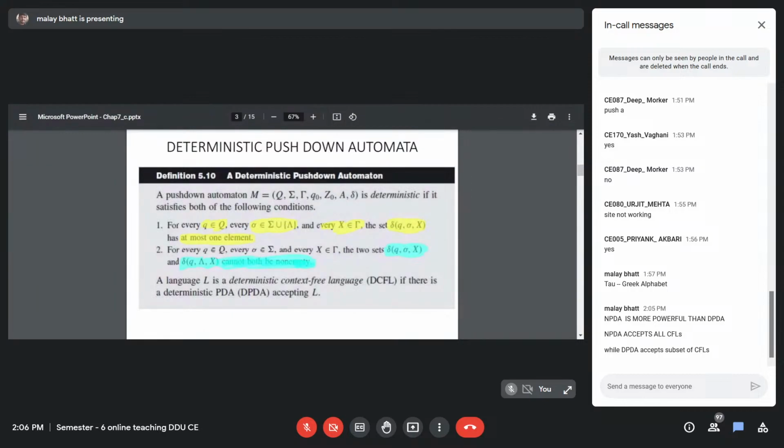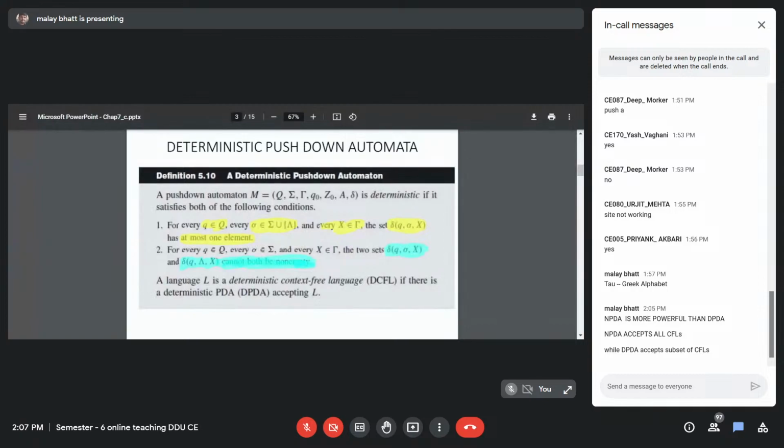The first one is very straightforward: for every q belongs to Q, every sigma belongs to sigma union null, and every x belongs to tau, the set delta(q, sigma, x) has at most one element. That means there should not be two alternatives.